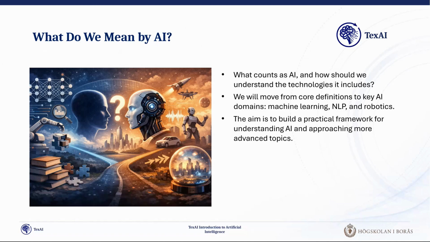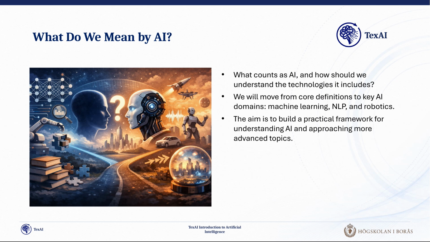Let's begin with a basic but important question. What do we actually mean when we talk about artificial intelligence? AI is often described in different ways, depending on whether we focus on intelligence itself, the automation of intellectual tasks, or the attempt to build machines that can act in ways we associate with human thinking.